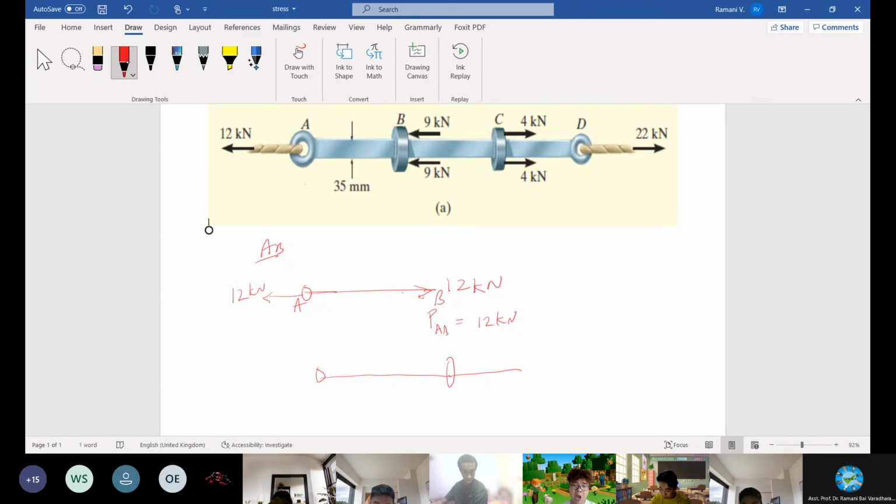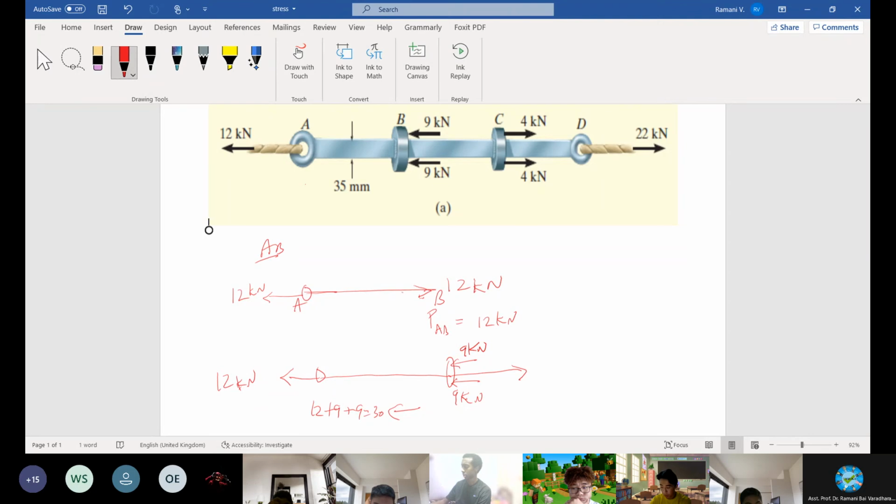There is 12 kilonewton acting on it, so the corresponding load is produced already, and then it is acted upon by an additional 9 kilonewton on top and bottom. Are you following? 9 kilonewton top and bottom. So how much is the total load acting in this direction? It will be 12 plus 9 plus 9, which is 30 in this direction.